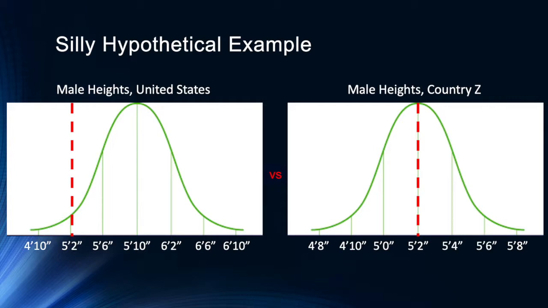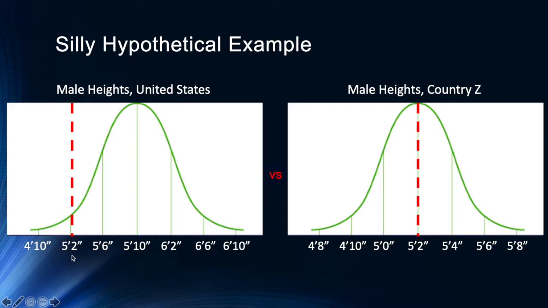So I'm just showing it on the normal curve. We sampled 10,000 people, so it should probably be a normal distribution. So this is the US men. I drew a line where the mean of country Z sits. The 5 foot 2 inches sits here on the US distribution.